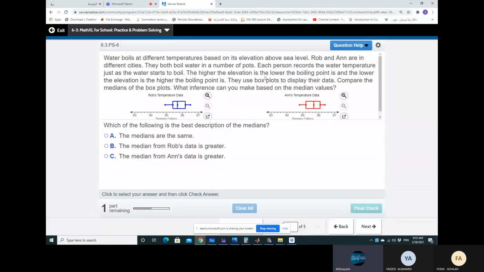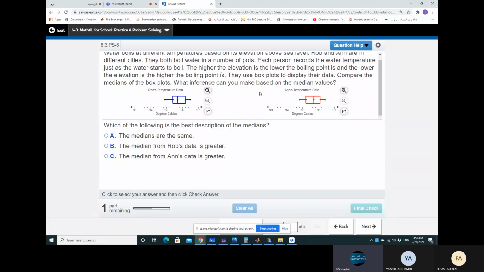Now, the higher the elevation, the lower the boiling point is, and the lower the elevation, the higher the boiling point is. Now, they use box plots to display their data. Compare the medians of the box plots. What inference can you make based on the median values?